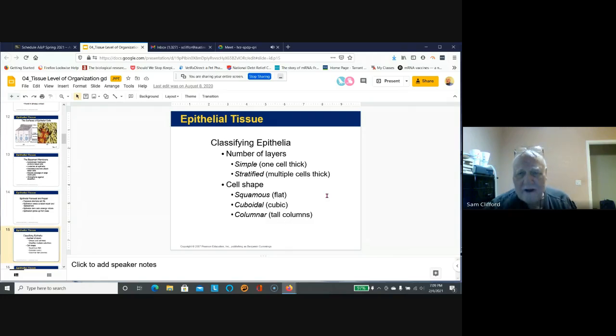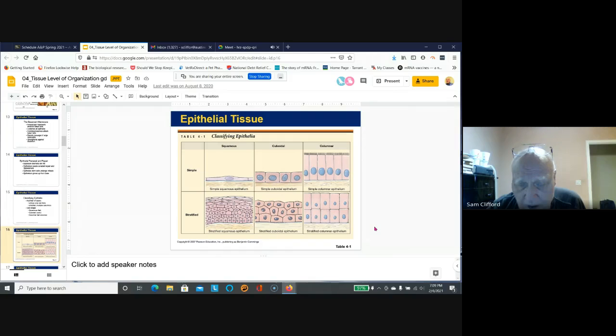So we're going to classify epithelium based upon whether there's one layer or many layers, and cell shape: flat cells, cubic cells, tall columns, squamous, cuboidal, columnar. So pay close attention to this image. One layer of cells is called simple: simple squamous, simple cuboidal, simple columnar.